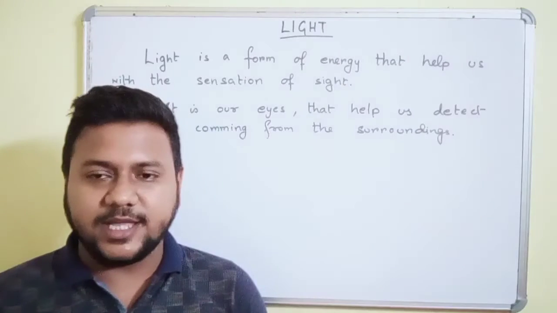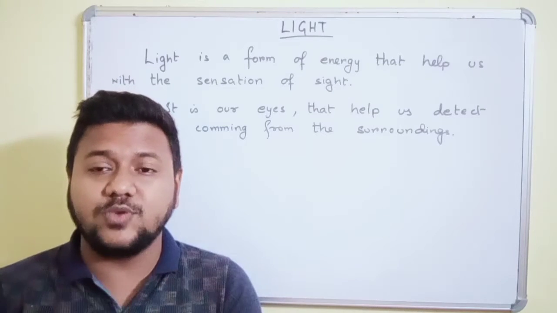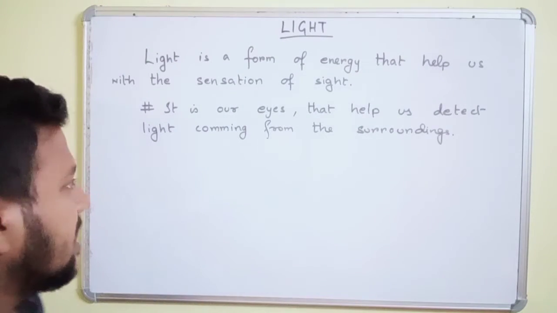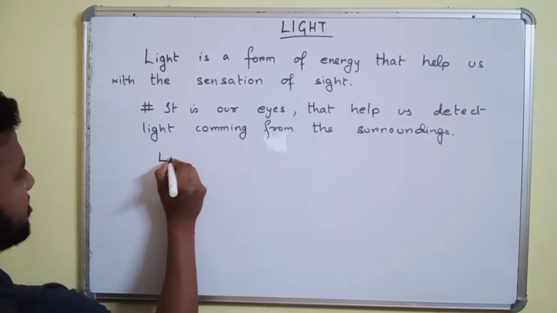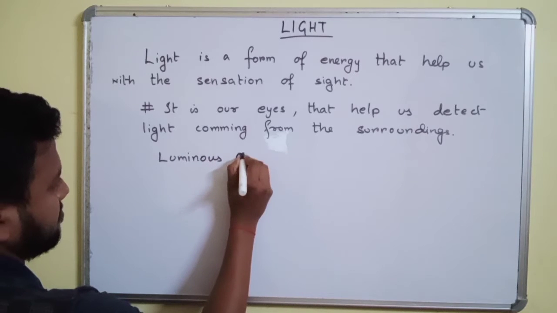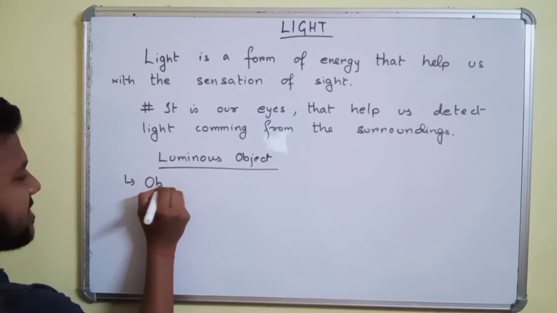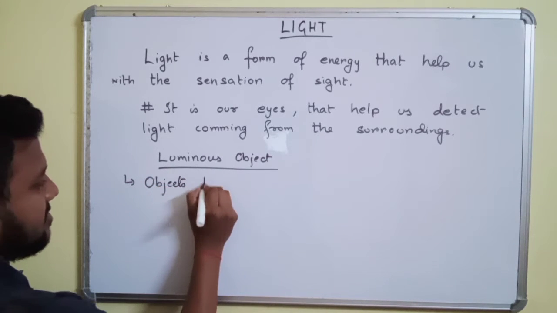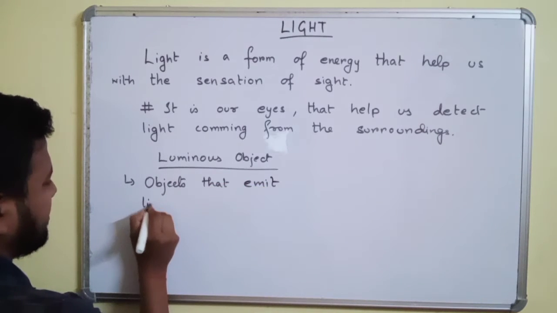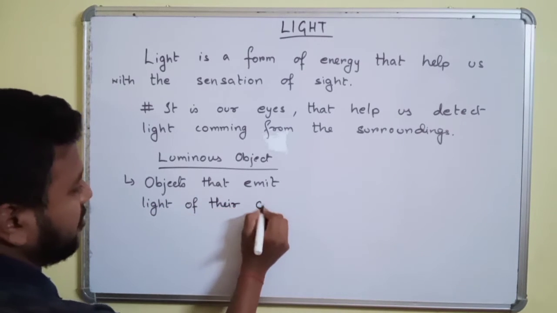Now in our surroundings we can get light from luminous objects and non-luminous objects. I hope you are aware of what luminous objects and non-luminous objects are. Let us define luminous objects first of all. What are luminous objects? Objects that emit light of their own.